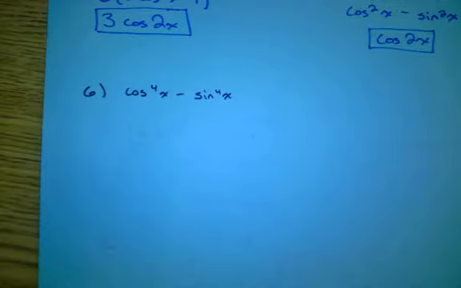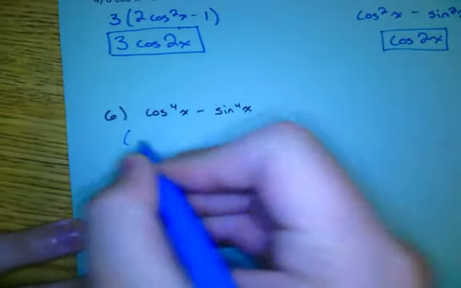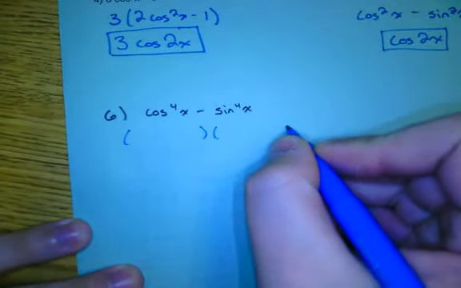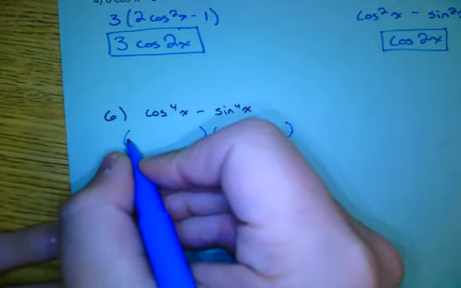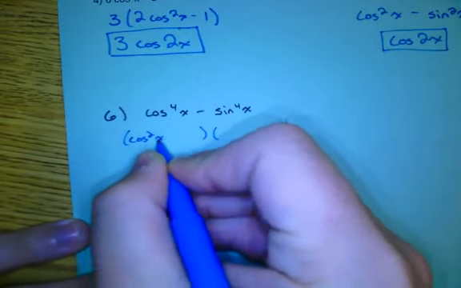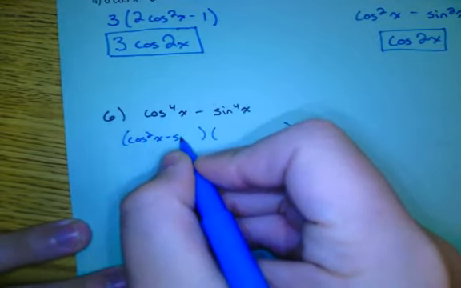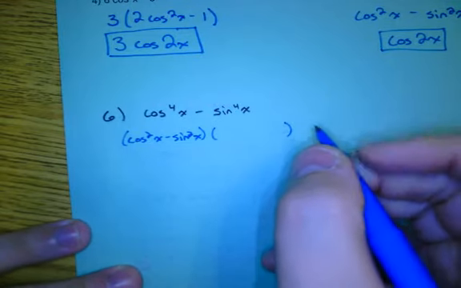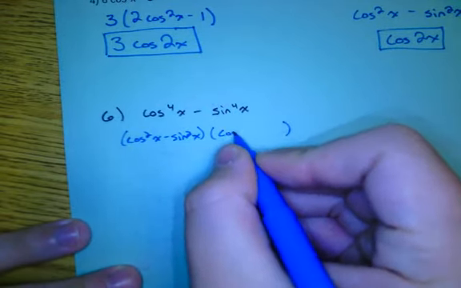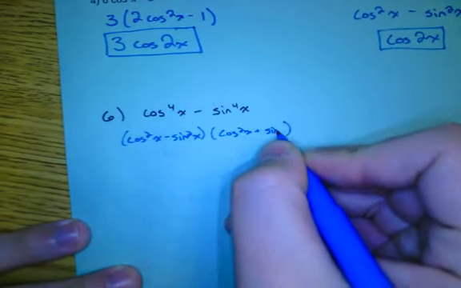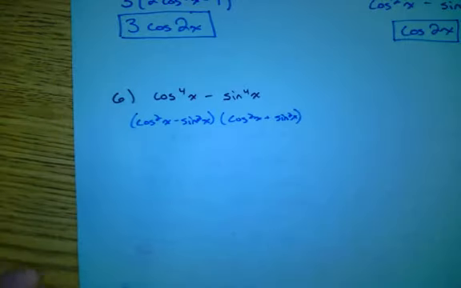What do we do here? We can factor. Factor it how? What is it called? Difference of squares. So I'm going to get cosine squared x minus sine squared x, times cosine squared x plus sine squared x.